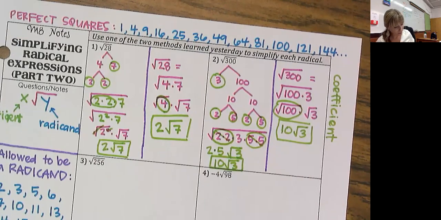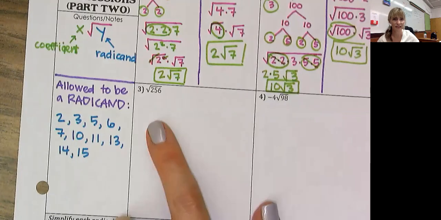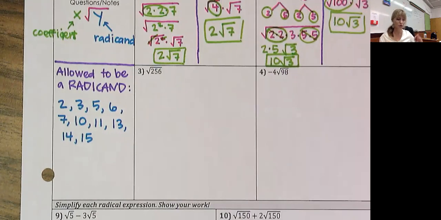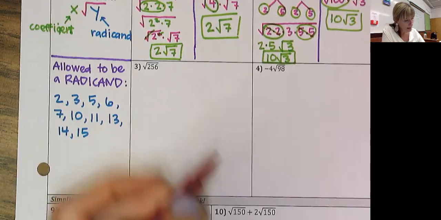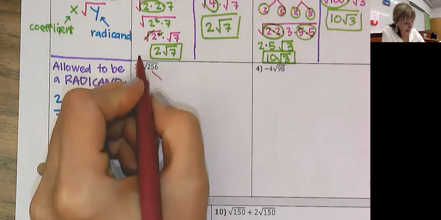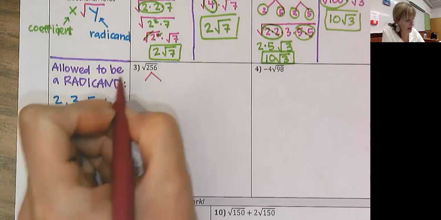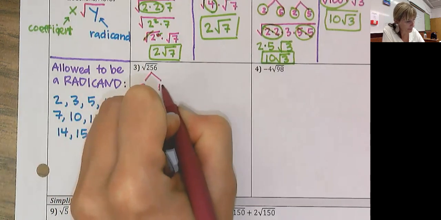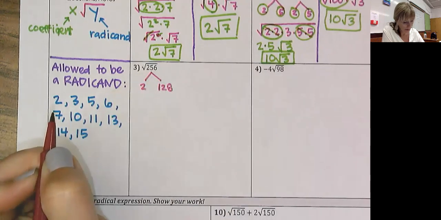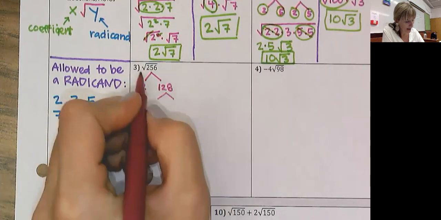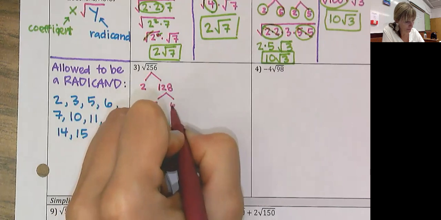Now, for 256, I'm going to show you why I personally usually prefer trying to find the largest perfect square factor if I can. But 256, if I don't know factors of that, I'm just going to immediately cut it in half. Then I'm going to go, oh, I can cut this in half again. 2 and 64.